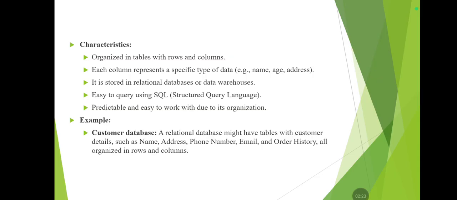Third one, it is stored in relational databases or data warehouses. Fourth one, easy to query using SQL. SQL stands for Structured Query Language. And last one, predictable and easy to work with due to its organization.